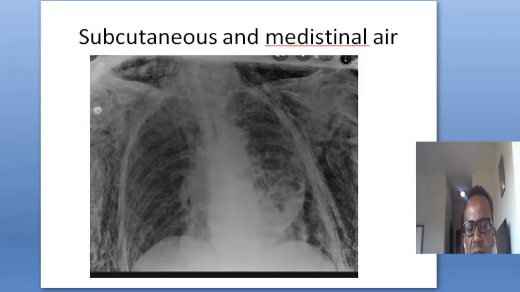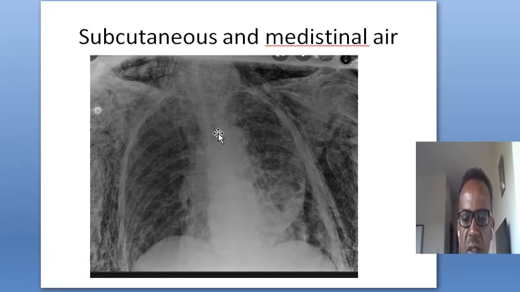The other important pathology we see here is subcutaneous and mediastinal air. Air in the pleural cavity in the chest is pathology, and it can also occur in the mediastinum. So these are some of the air you see in the mediastinum. Usually you don't see it in the normal.